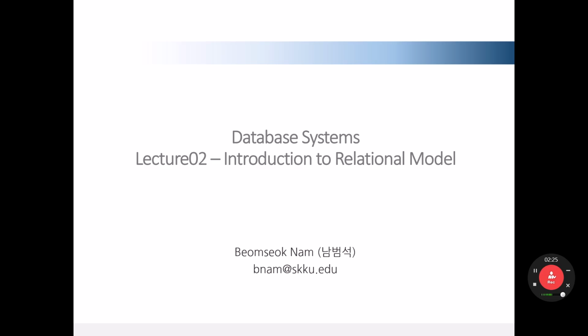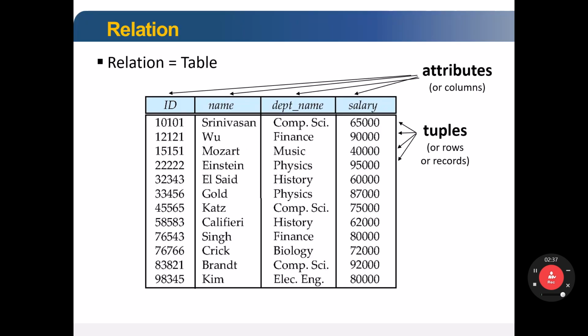So today I will introduce how to use relational models. As we saw last time, the relational model represents data sets as a two-dimensional table as shown in this slide. We have multiple rows and multiple columns, and each column represents an attribute of a specific entity.